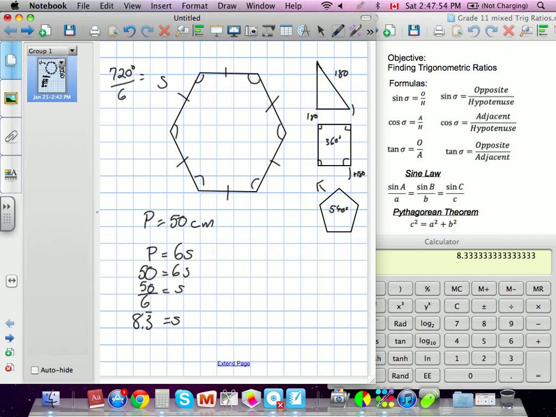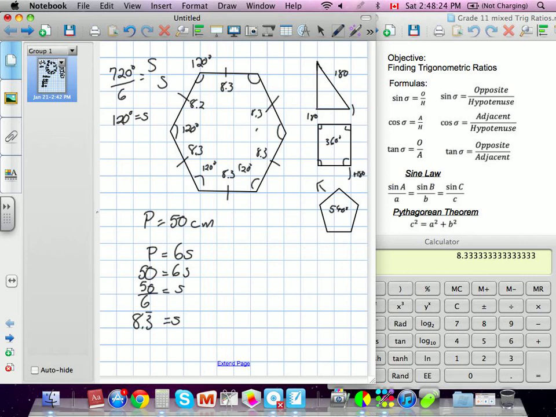If each of these sides is 8.3, and each of those angles is 120, 120, 120, 120, you get the idea, right? So we got quite a bit of information in here.